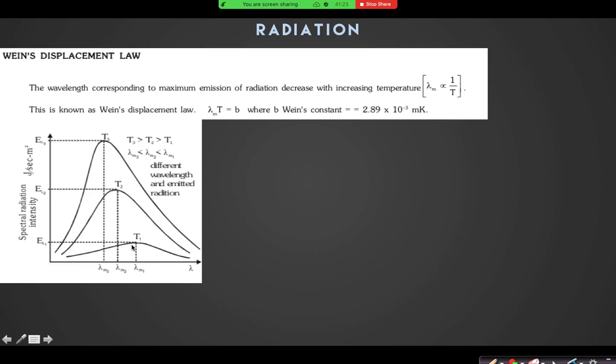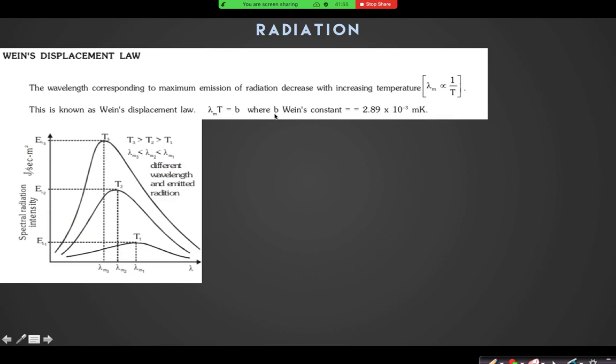From this graph, it is well understood. You can see I have increased temperature from T1 to T2, but this lambda decreases from M1 to M2. Similarly, lambda M3 is less than lambda M2, right? So he then noticed with experimental values that lambda into T is a constant. It's known as Wien's constant, 2.89 into 10 power minus 3.